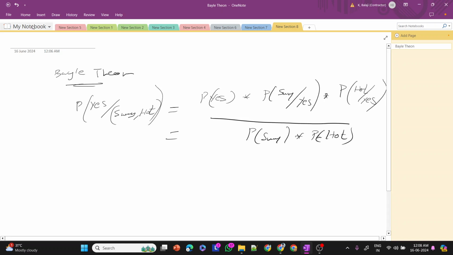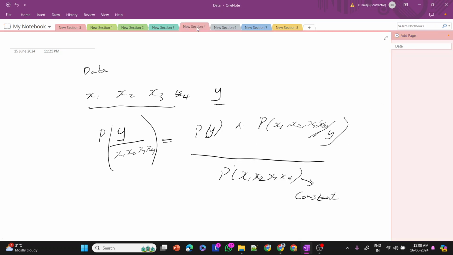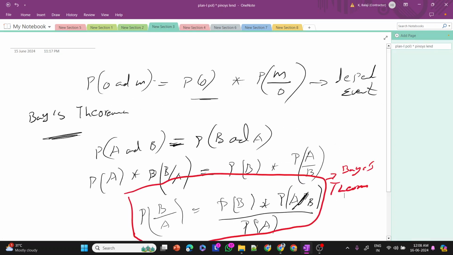We derive this formula by using the Bayes theorem.